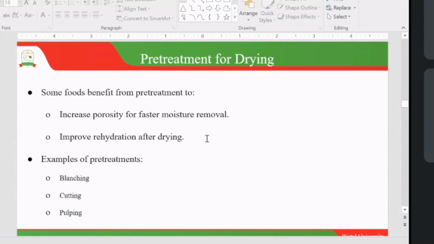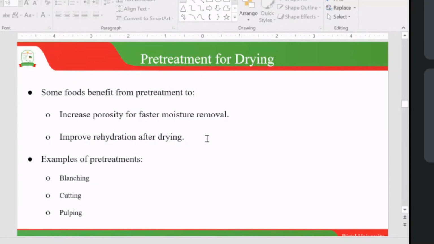For example, these treatments, you're looking at the blanching, like I talked about, but also we are looking at cutting, being able to also increase the porosity, but also we are looking at pulping, I should say.